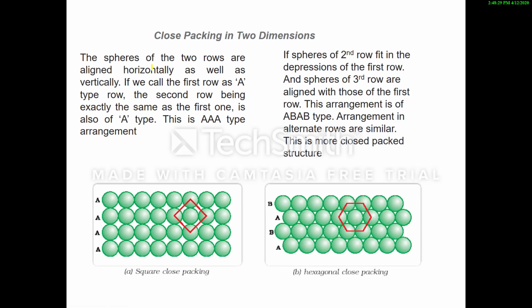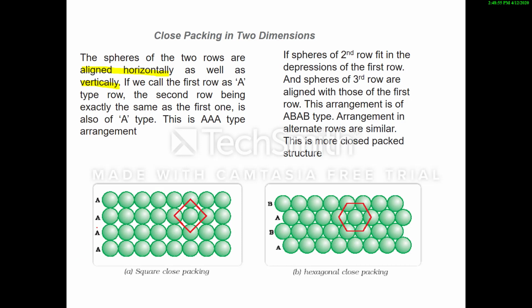Now see, if close packing in 1 dimension is arranged in this way, this is one row, then this is the second row, this is the third row, and this is the fourth row, and so on. So we can say in this case the spheres of the two rows are aligned horizontally as well as vertically.